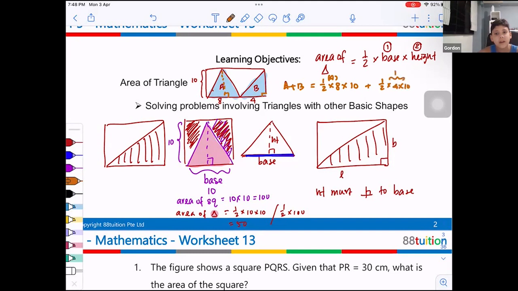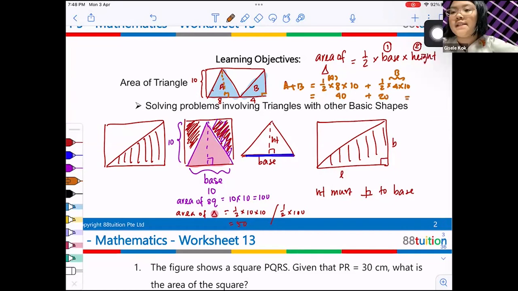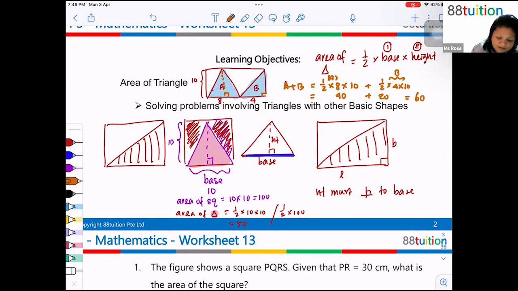So what's the sum of the triangles? Half times 8 times 10 for A is 40, plus 20 to give me 60.